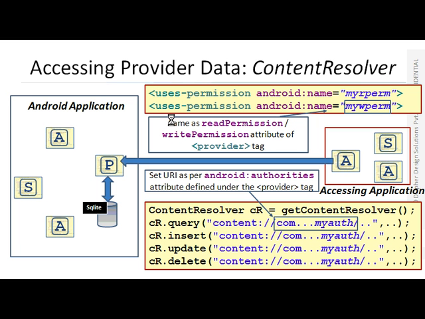The methods and the data variable must be implemented in the same way by the content resolver object. Then they can get access to the data of the other applications. So this is how your sharing will work.